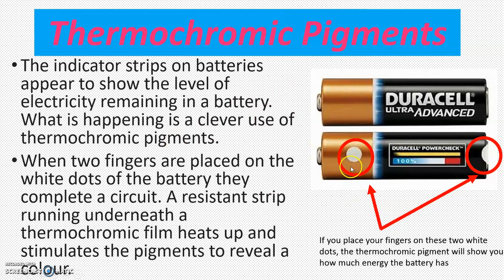You place your fingers on these two white dots, so you won't get electrocuted by putting your fingers on the positive and negative side of the battery, but you still get a reading. You place your two fingers on the white dots and it makes a complete circuit, and then the resistance strip of thermochromic ink tells you here. As you can see, red obviously means 100%, but that will go down and down depending on how much energy is left in the battery.